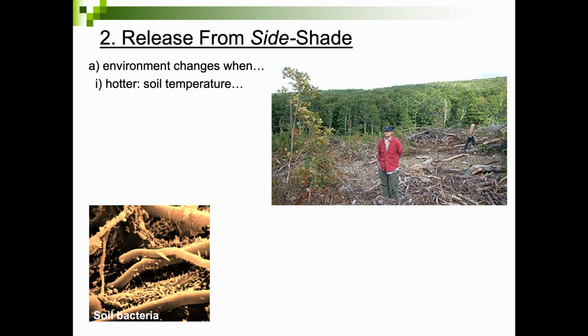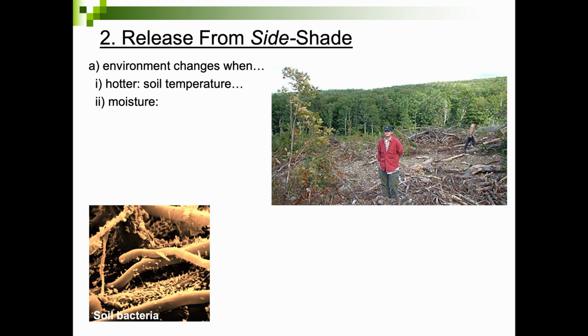So these fungi and bacteria have higher metabolism in warmer temperatures. They're going to break down more organic compounds. There's going to be more available nutrients. There's going to be more available carbon. Soil temperature, it's not just temperature. It actually increases the metabolism of these microbes.